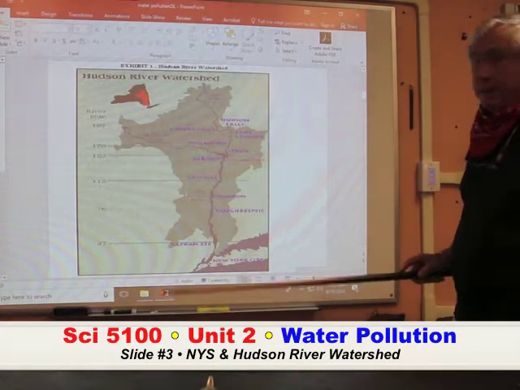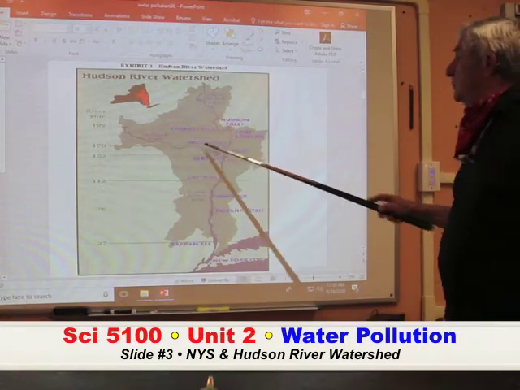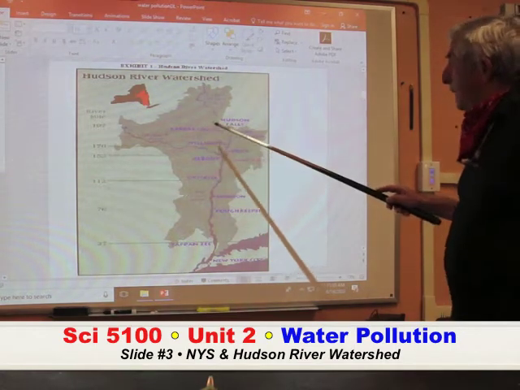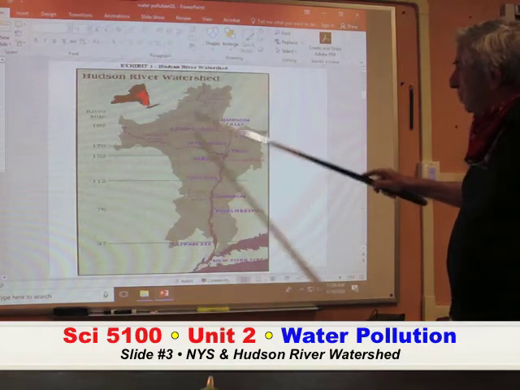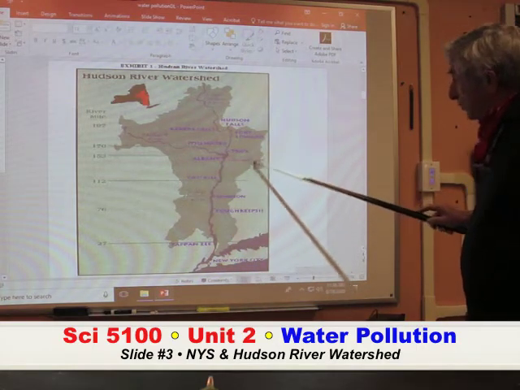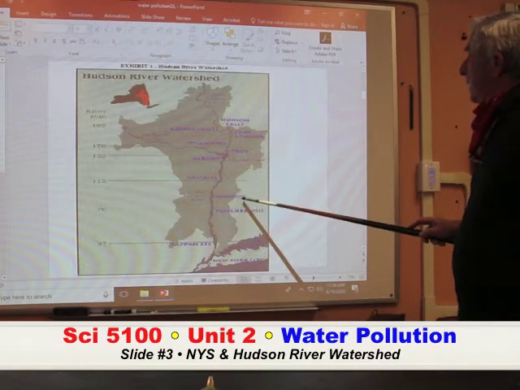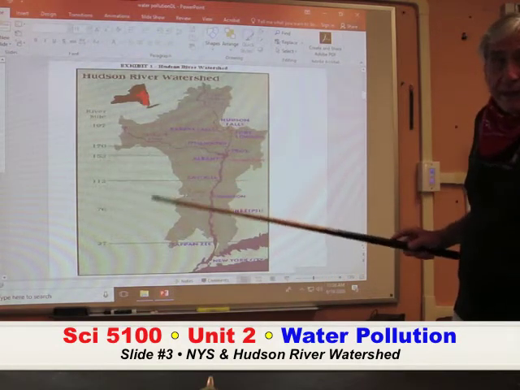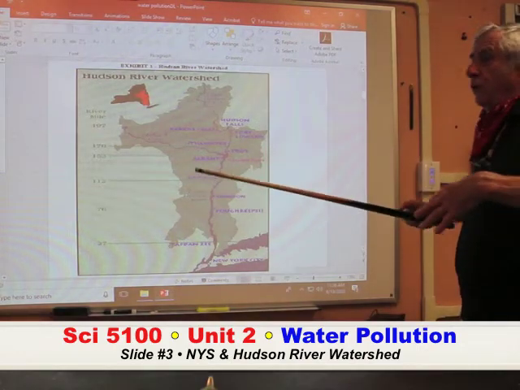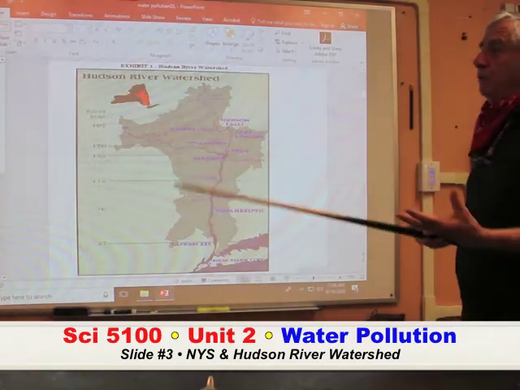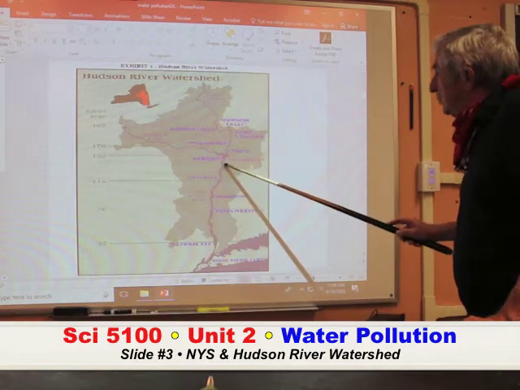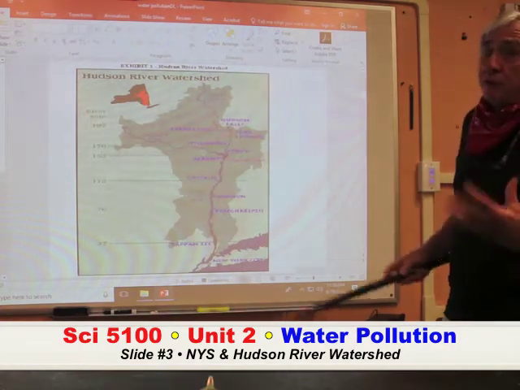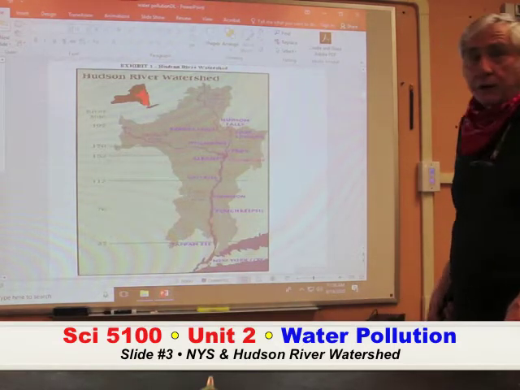It's in a valley, and so the water that comes to the Hudson River really starts up in the mountains, like the Adirondack Mountains up north and the Catskill Mountains here, but also along some of the mountain ranges that we find almost all the way up to Vermont and Massachusetts and Connecticut, and they're all sloped, so when it rains and when the water is in the land, eventually it comes down into the river and it comes down to us. This area that carries the fresh water to us is called a watershed.